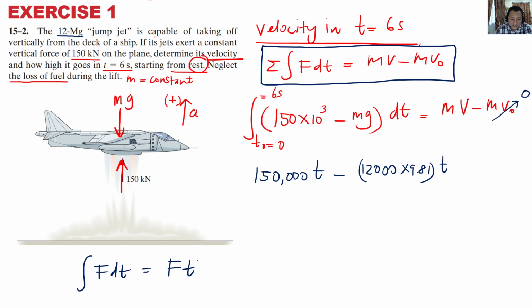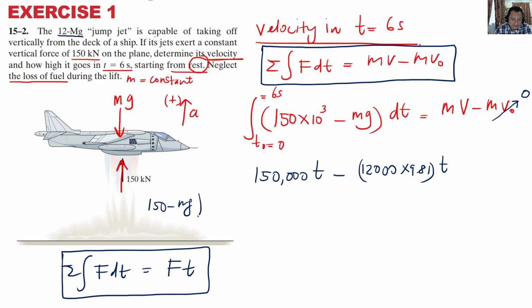Okay, so there's a t value there. What else? Summation, you've done it. You've minus mg minus t. No, it's actually 150 minus mg. This is the summation.